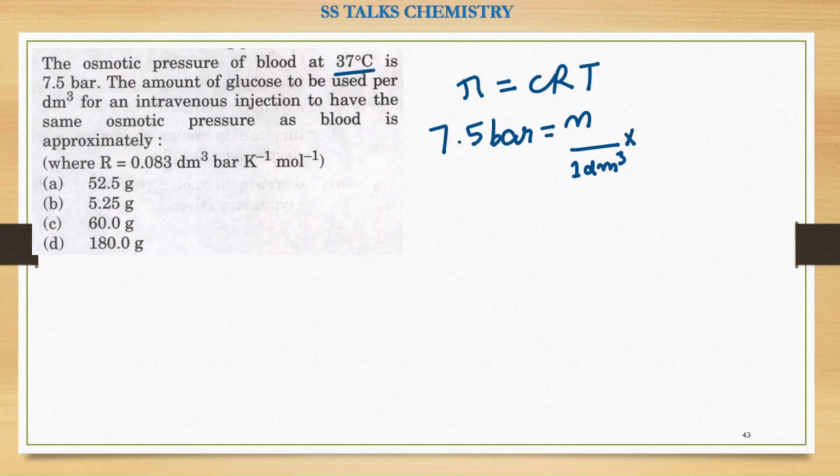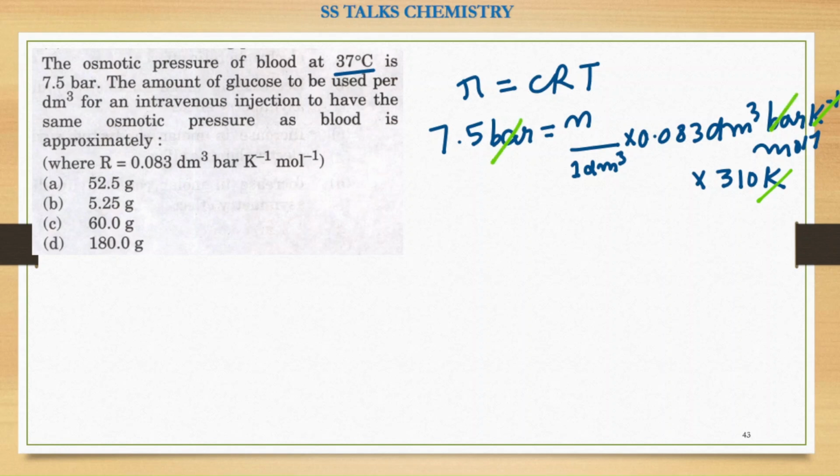Now the R value is 0.083 decimeter cube bar per mole per Kelvin, and the temperature will be 310 Kelvin. So per Kelvin will get cancelled out, bar and bar will cancel, and decimeter cube and decimeter cube will cancel out.